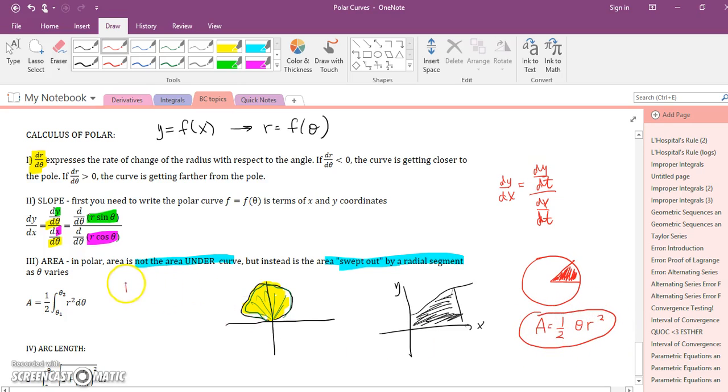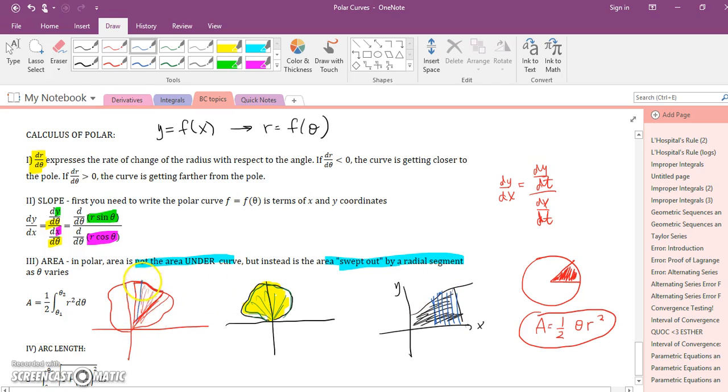Now let's say I have a polar curve, and polar curves don't need to be perfect circles. Let's say something like this. So that's not a perfect circle. And let's say I want to find this chunk right here. Now this is not an exact circular segment going around, but just like when we found area under a curve, we split it up into a bunch of rectangles and the top was almost flat.